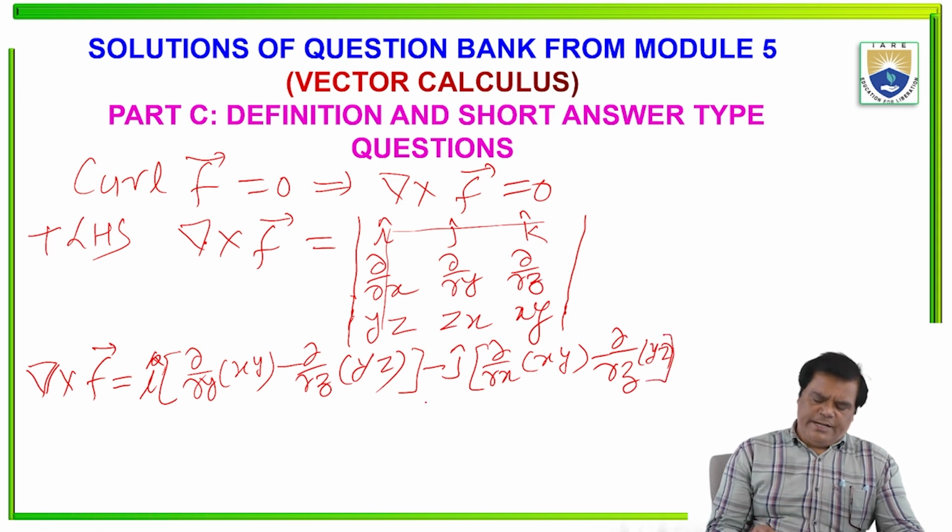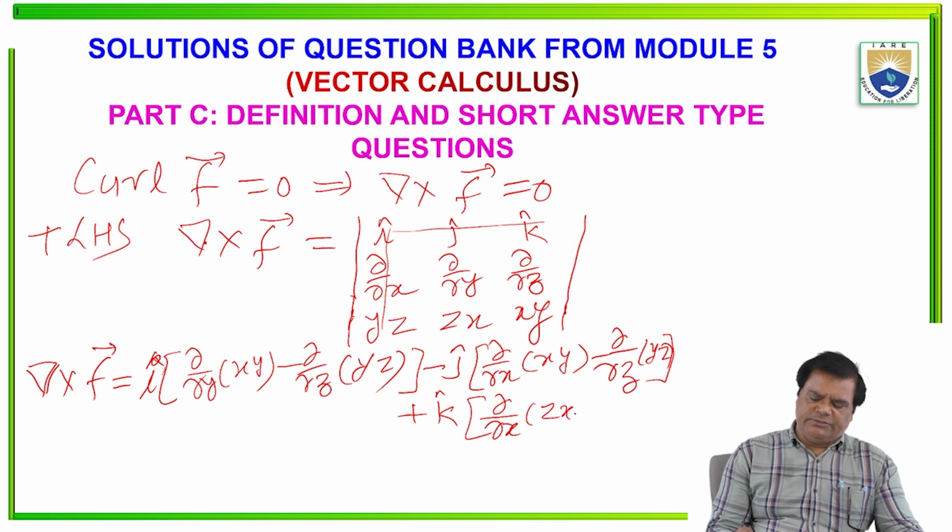Next is plus k, where the first row and third column are cancelled. Then we get dou over dou x of zx minus dou over dou y of yz.